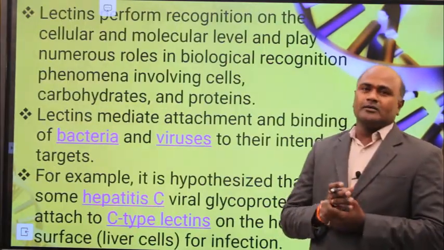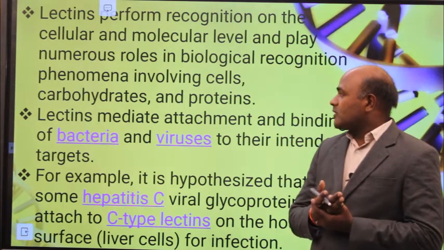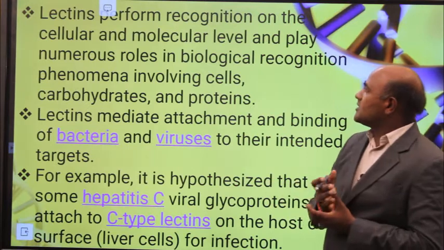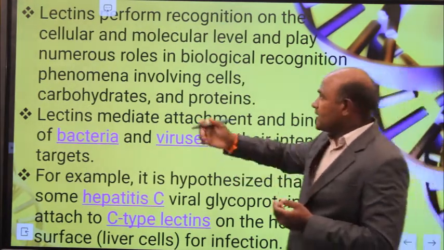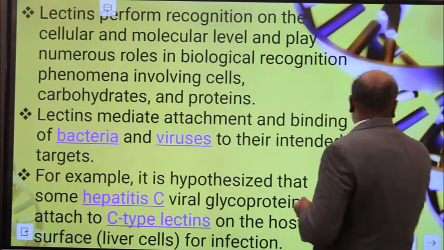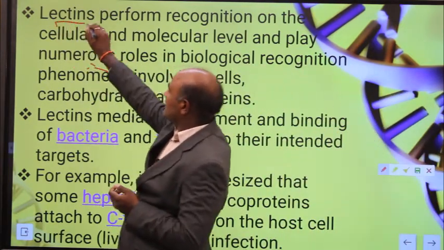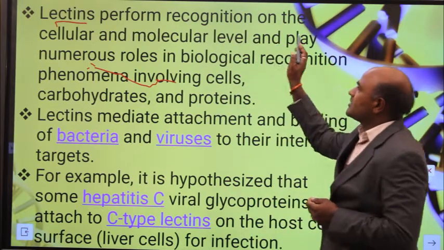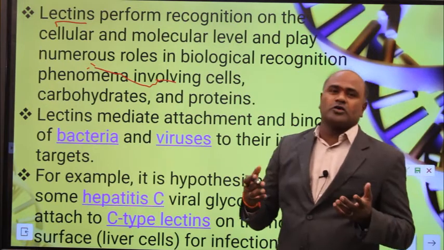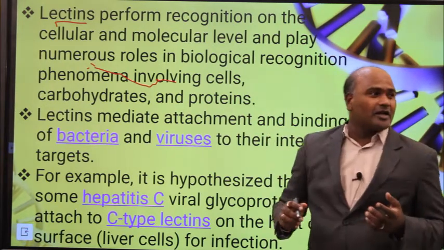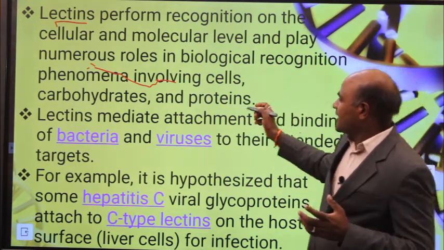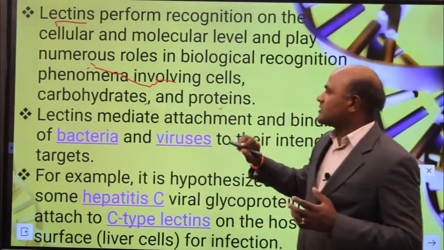Coming to lectins, the properties and the functions. Lectins perform recognition on the cellular and molecular level and play numerous roles in biological recognition, in biological phenomena involving cells, carbohydrates, and proteins.